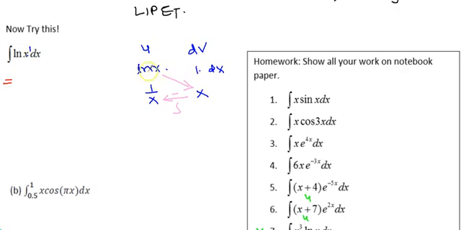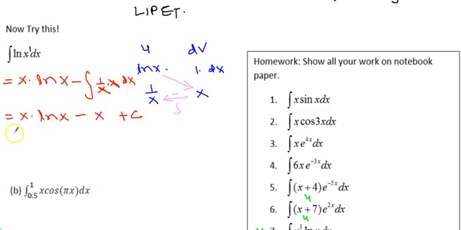The integration of ln x is x times ln x minus the integral of 1 over x times x. 1 over x times x gets cancelled. The antiderivative of 1 is x, and C. So this is the antiderivative of ln x.